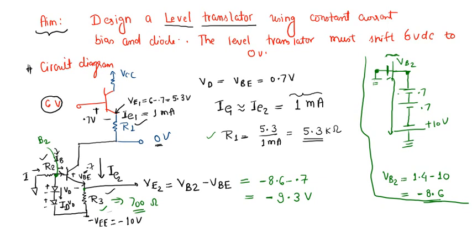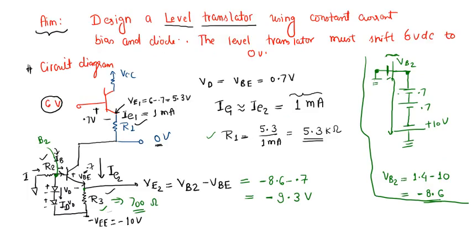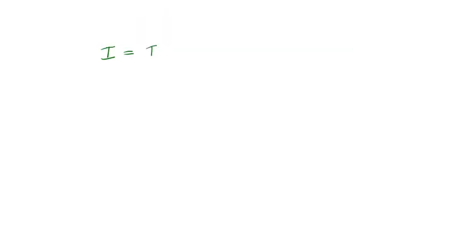In fact, IC is equal to beta IB, right? If you see here, I is the current through R2, is IC plus IB, and IB is almost equal to IC over beta.